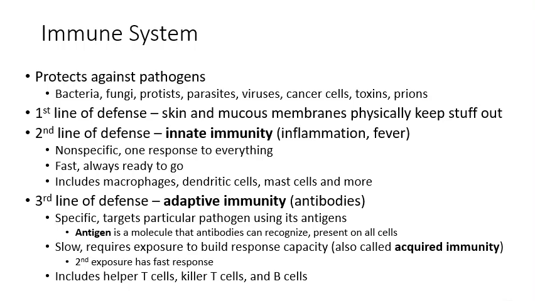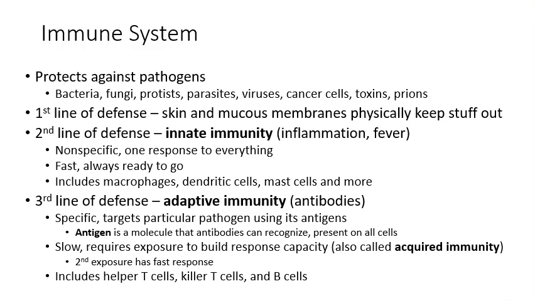It can't recognize specific pathogens, and it responds the same way no matter what's going on. There's a lot of different cell types and a lot of different proteins that are part of the innate immune system, but the most important ones are macrophages, dendritic cells, and mast cells, and we'll talk about each of those in a bit.